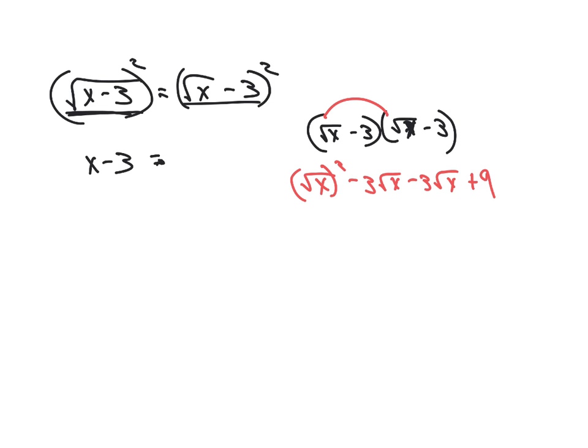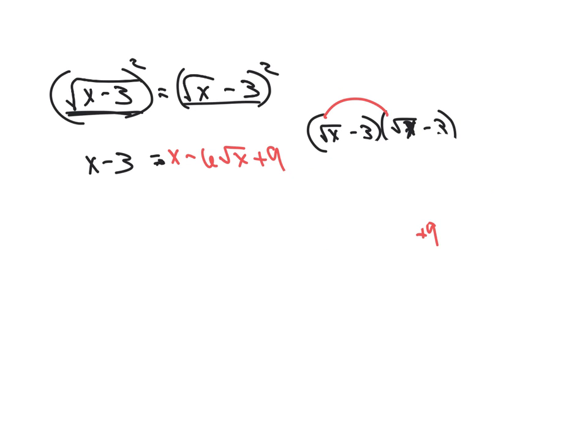Okay, square root of x squared. Remember, if I've got an index there and that, everything goes off. This I can combine. Okay, so that is x minus 6 square root of x plus 9. Let's get rid of all this here so it's not getting me more confused.